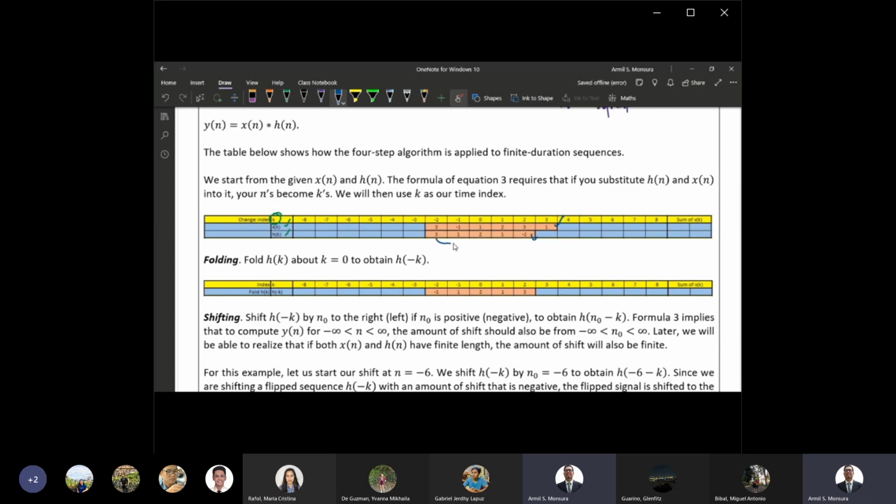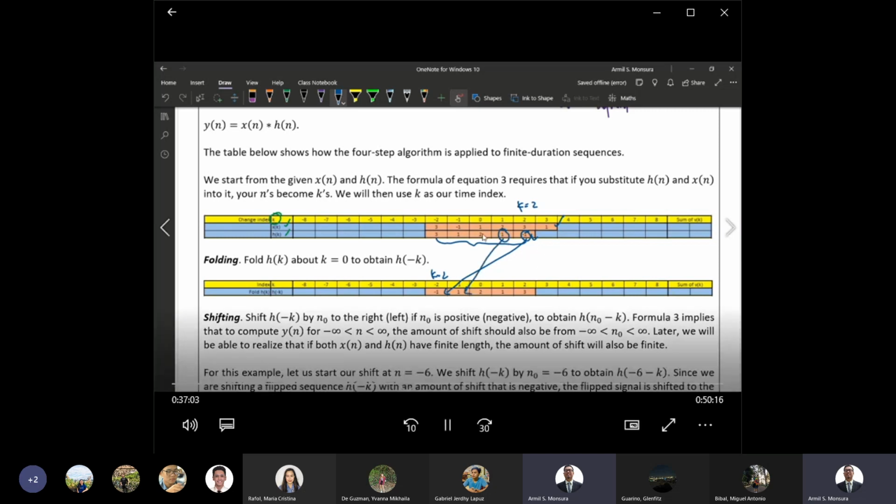So if this is your hn, when we fold it, this value, since it is at k equals 2, will go to k equals -2. So it will time reverse. Let's review the time reverse operation. The value at k equals 2 goes to k equals -2. The value at k equals -1 goes to k equals 1. The value at k equals 0 stays at k equals 0.